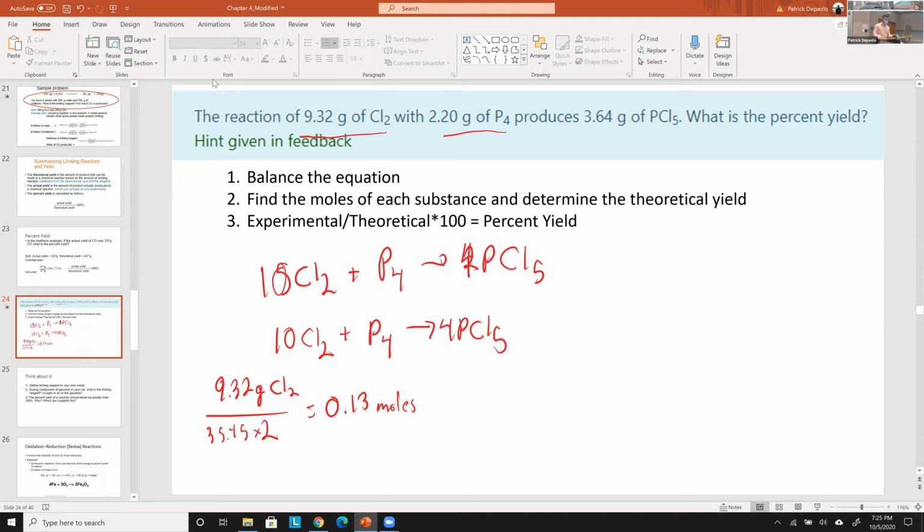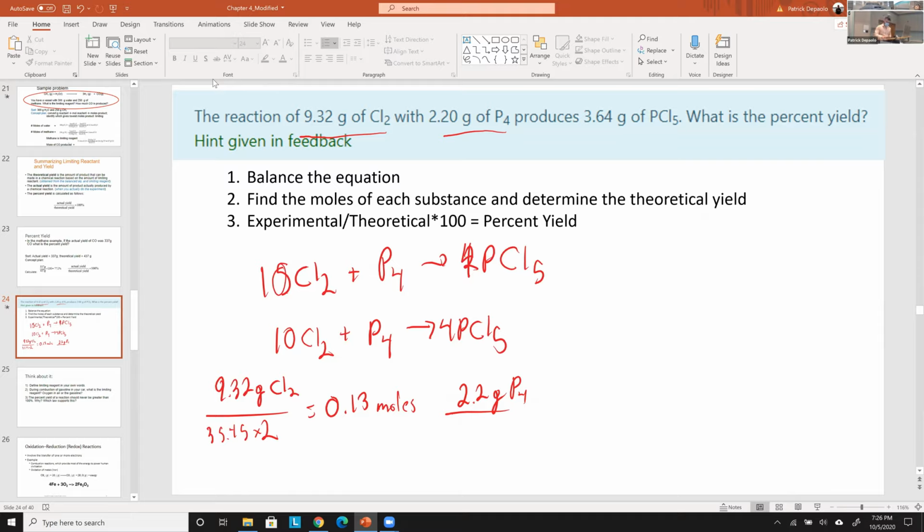And then we'll do the same thing for P4. So we have 2.2 grams of P4 divided by the molar mass of P4. Who wants to give me that? I think, what's phosphorus? 31.9 or something? Let me see. Oh, nice. 30.97.